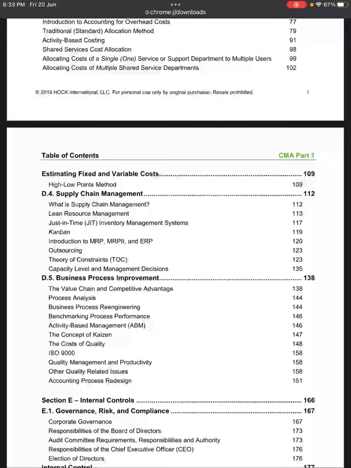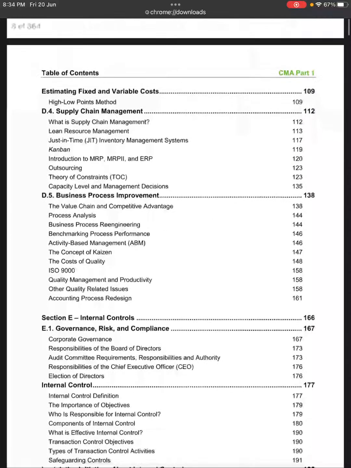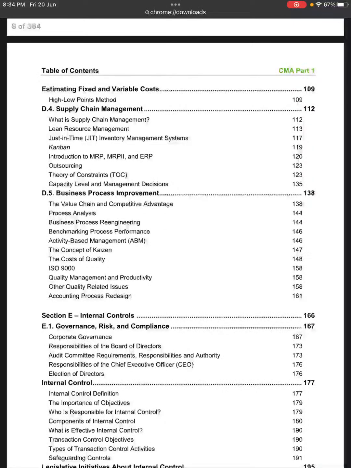These topics we will cover under Section D, Unit 4.